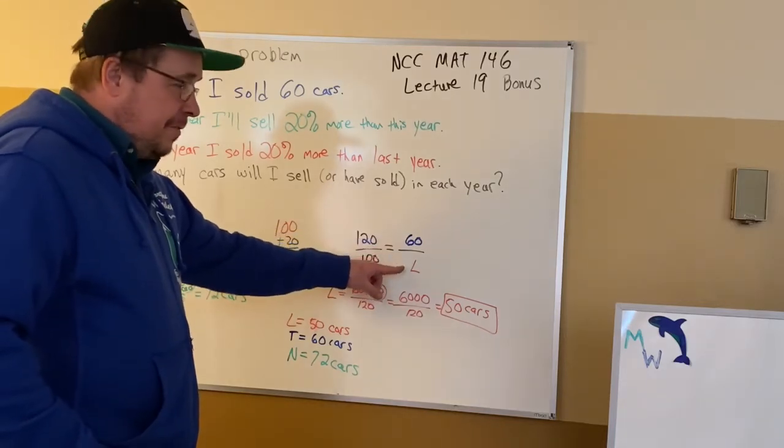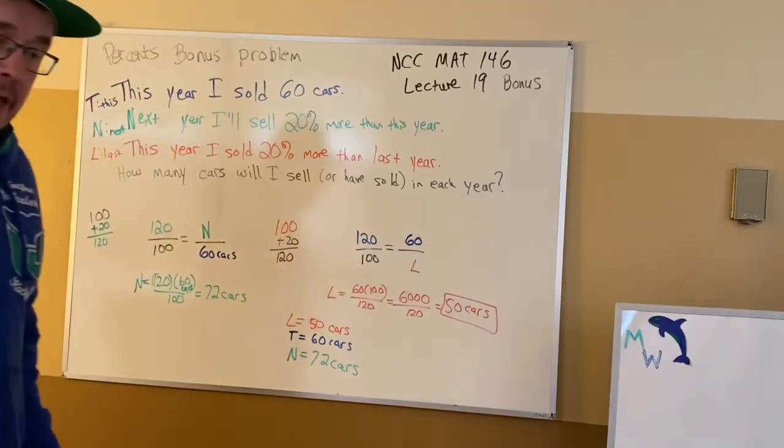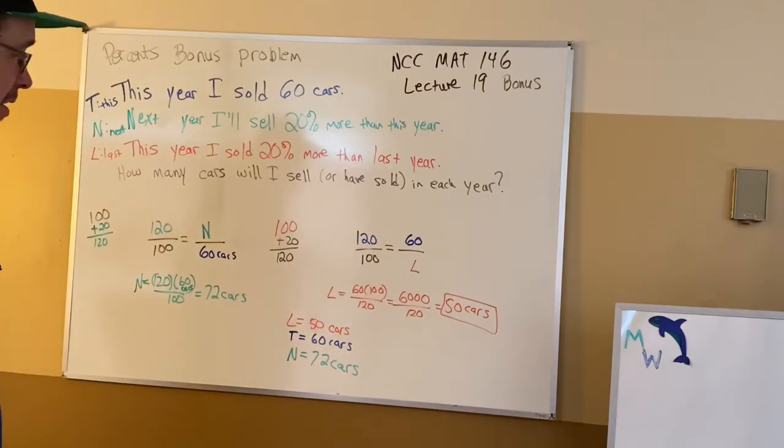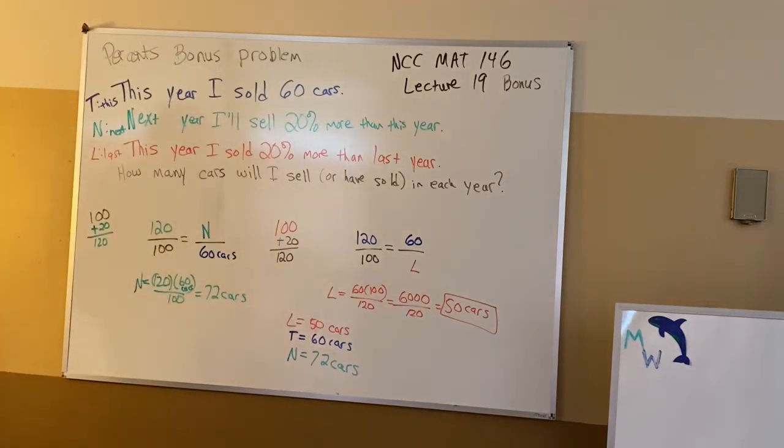We didn't know the old 50, but we knew we wound up with 60 after we added 1/5 of that number, 20% of that number. So this is the key to why I suggest that people get used to this, because a lot of times people say, oh yeah, 20% of 60 is 12, let me add 12 to get 72, subtract 12, get 48. That is wrong. So this bonus problem tries to look at why it's a good idea to be familiar with the proportions method. Great.